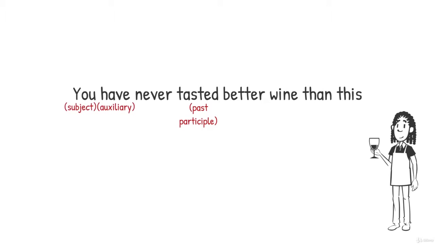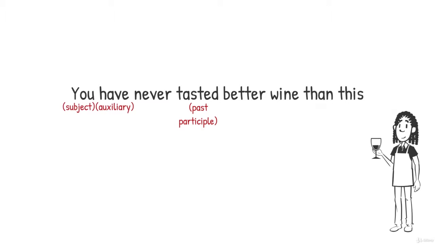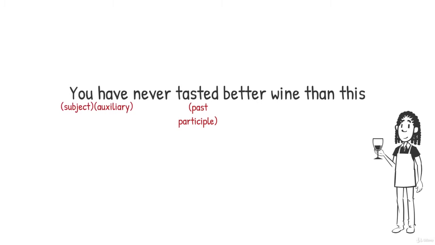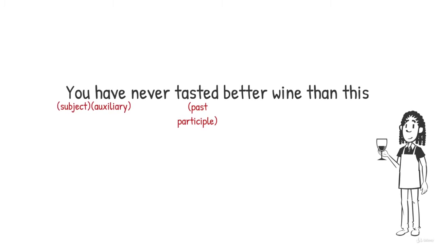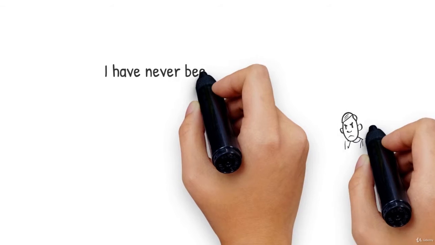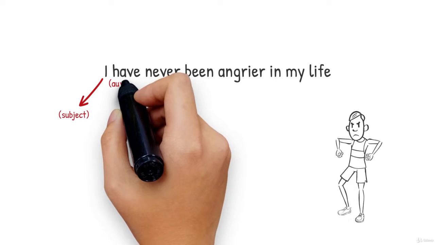And when we have adverbs that enhance our verbs, like the adverb never in this example, it always goes before the verb. I have never been angrier in my life. Same story. Subject I, followed by auxiliary verb have, followed by adverb never, plus verb be in past participle form.